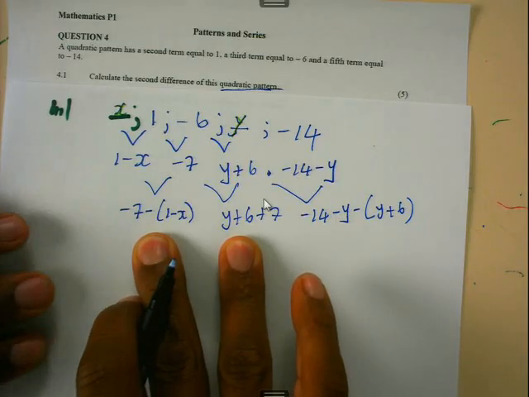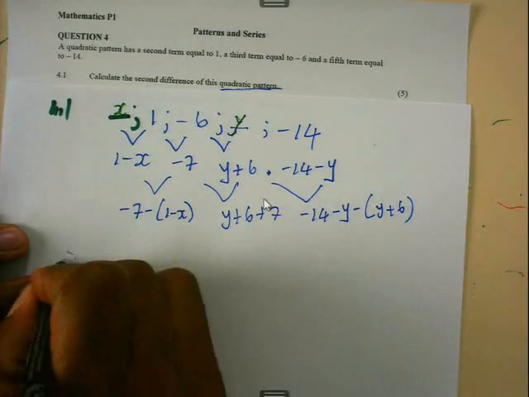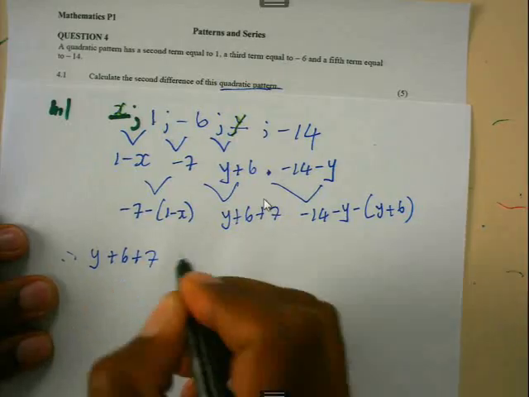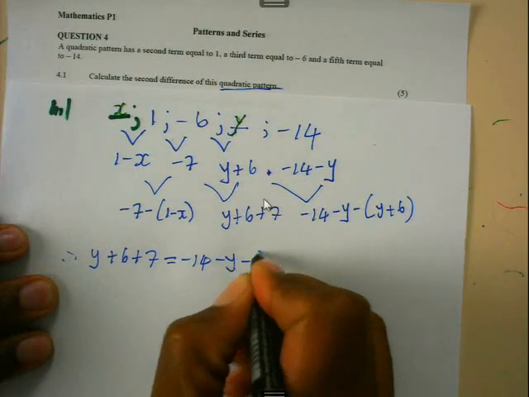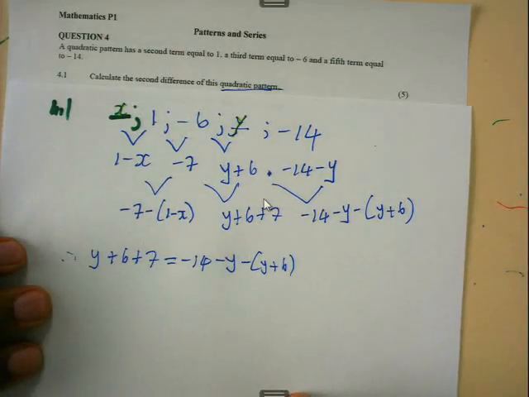But what I can do now is take the last 2, whereby I can say y plus 6 plus 7 is equal to minus 14 minus y minus y plus 6. I equate the two, because the second difference is the same.